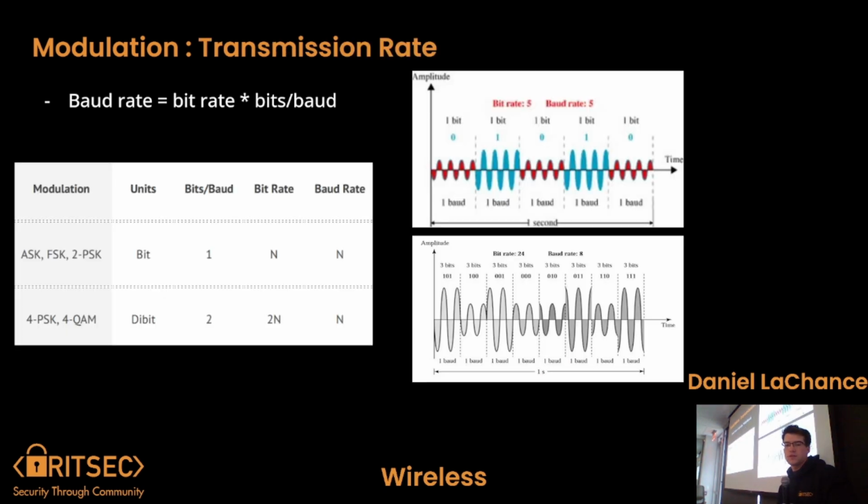Cool. Okay, so transmission rate. How much data can you transmit in a second? Well, that depends on the baud rate, which is the bit rate times the number of bits per second. The way you figure out the number of bits is just how many combinations there are of, say, frequencies or phases that you can do.